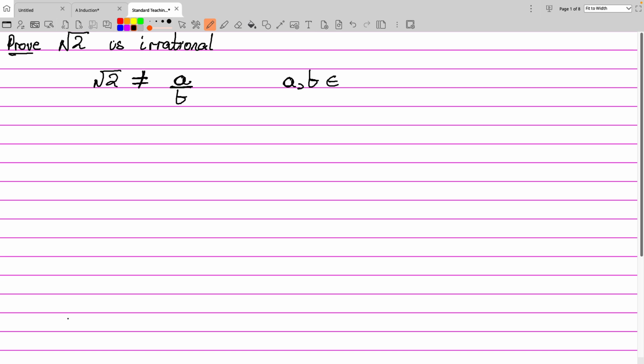So I can say where A and B belong to the integers, or I could say where they belong to the natural numbers. It actually doesn't matter. But to play it safe, A and B could belong to the integers. We are also going to do this.